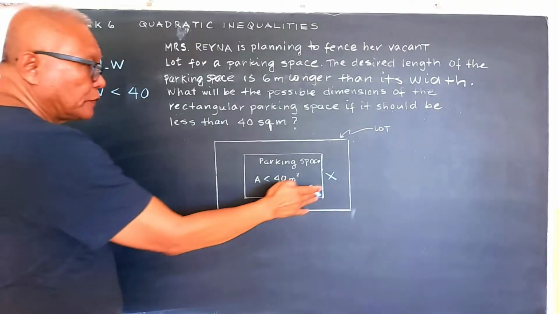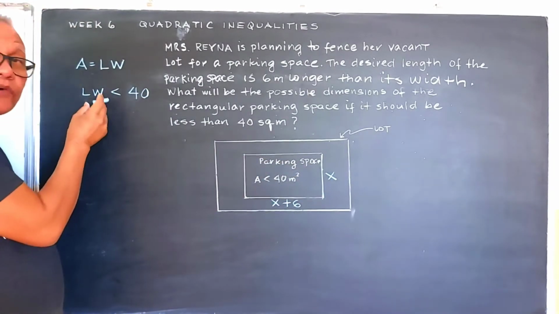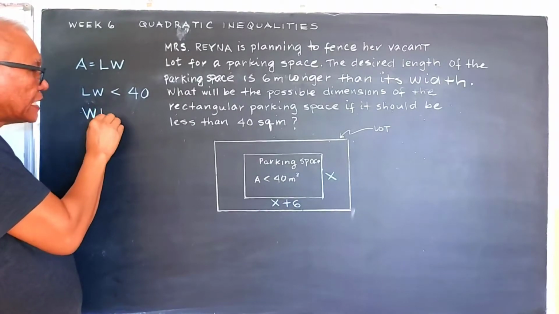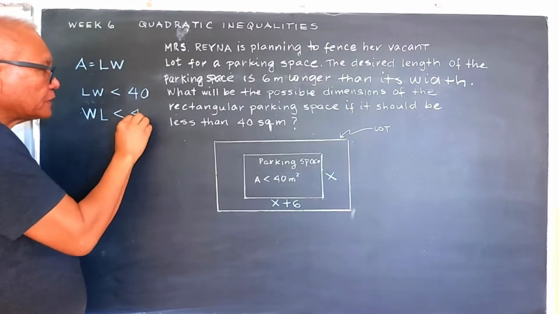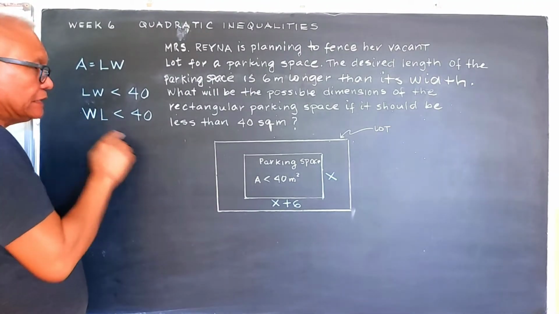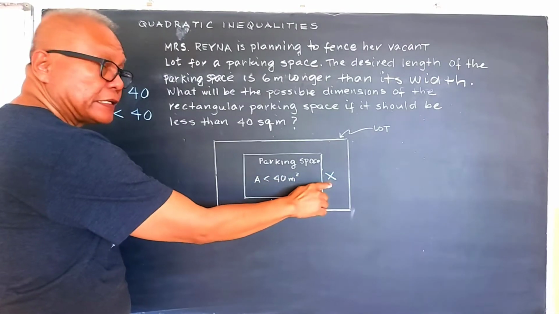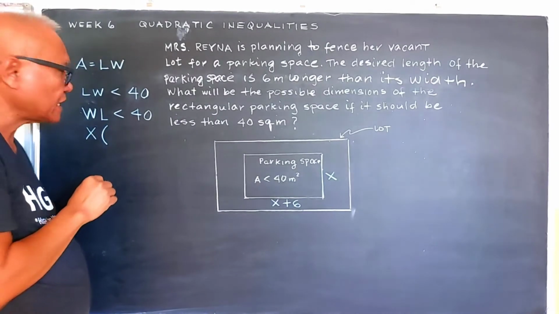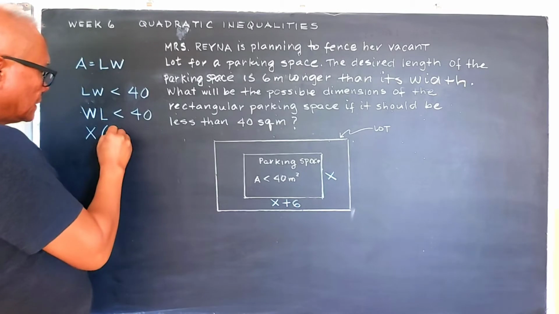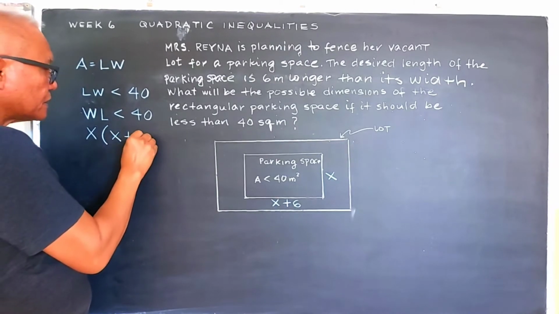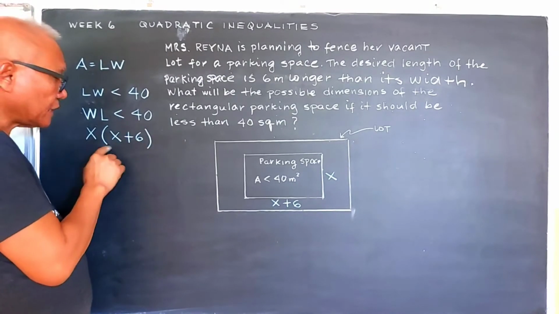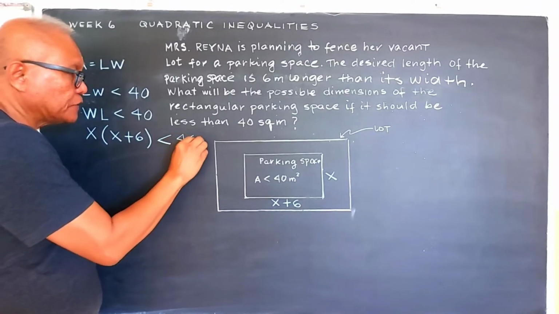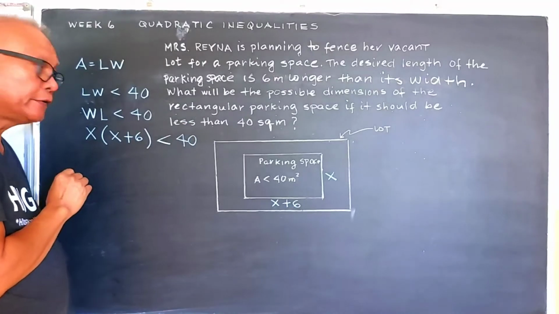Can we start with the width, class? Anyway, we have the commutative property of multiplication. You can have this as width times length less than 40. Width is this one, the x. So we have x, and then parenthesis means times, and the length is x plus 6. And this area must be less than 40 square meters.